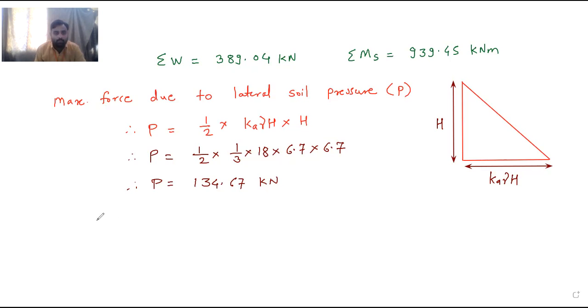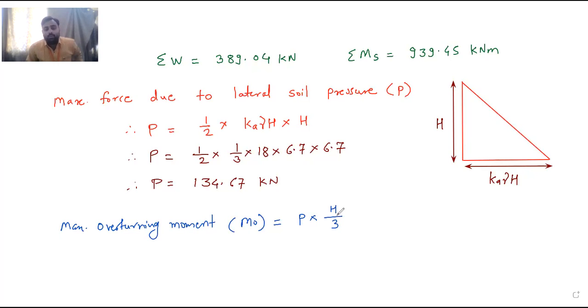The maximum overturning moment, this is M0, and this maximum moment is P into H by 3.